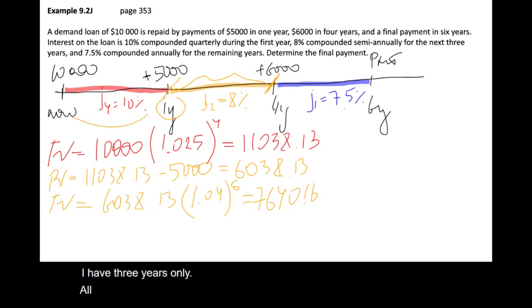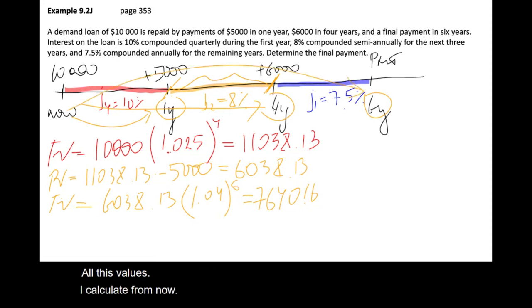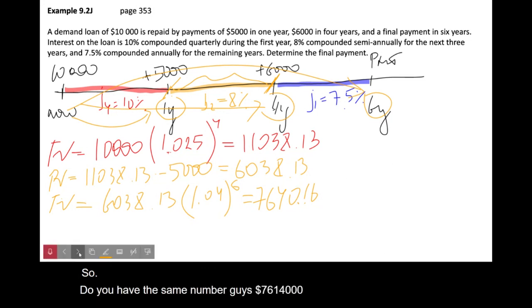All these values I calculate from now. Okay, you're welcome. So, do you have the same number, guys? $7,640.16.